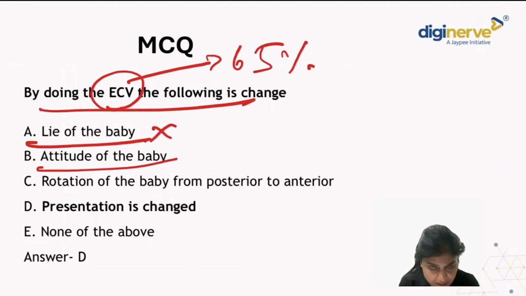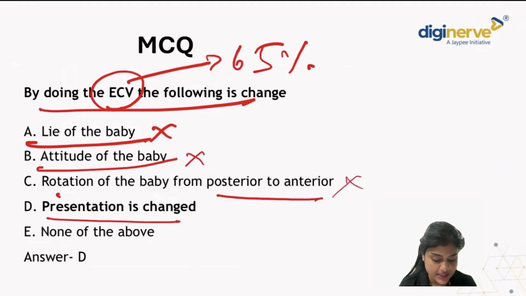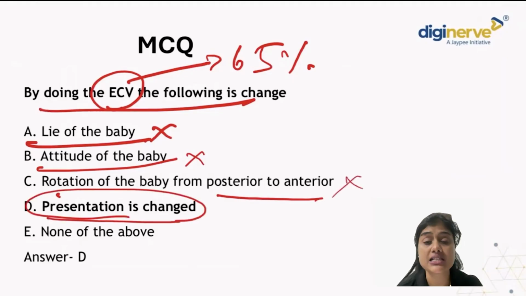So the head will be flexed before also, now also. So this also is not going to change. Rotation of the baby from posterior to anterior. Are we rotating anterior to posterior? No, we are rotating from fundus to pelvis, not from anterior to posterior. So this is also wrong. Presentation is changed. Yes. Presentation means initially the presentation was buttocks. Now the presentation will be cephalic. So this will be your correct answer.